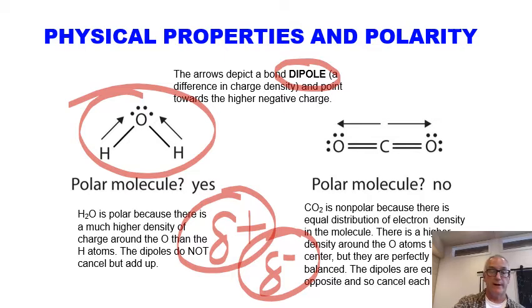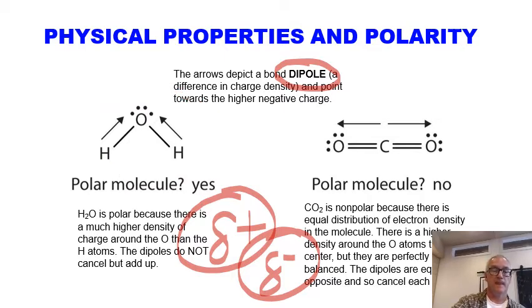So with water here, there's two different types of dipoles. There's a bond dipole and there's a molecular dipole. For the molecular dipole, we basically add all the bond dipoles together and see if they point in one direction or another. So let's look at the bond dipoles of water.